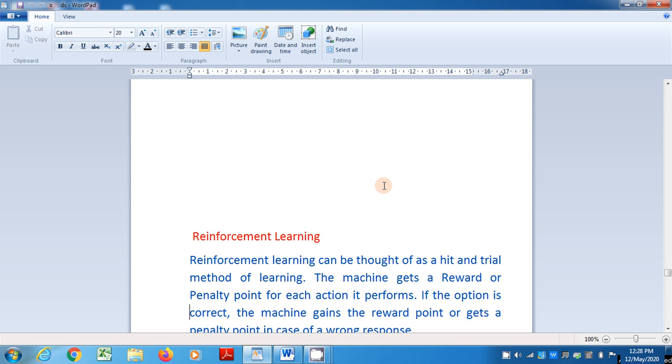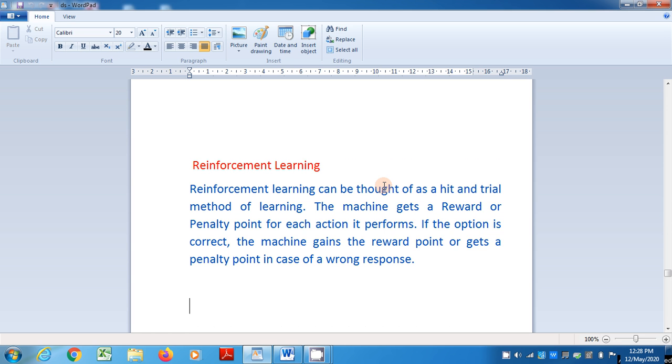And another one is reinforcement learning. This is beautiful. Reinforcement learning can be thought of as a hit and trial method of learning. The machine gets reward or penalty points, so the machine will keep on learning based on experience.